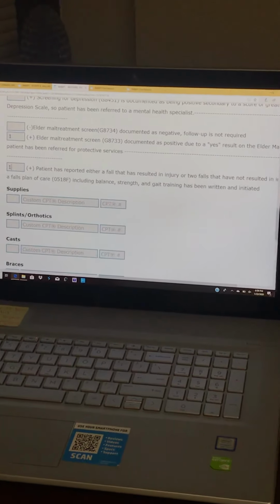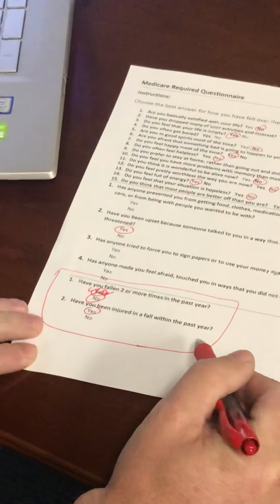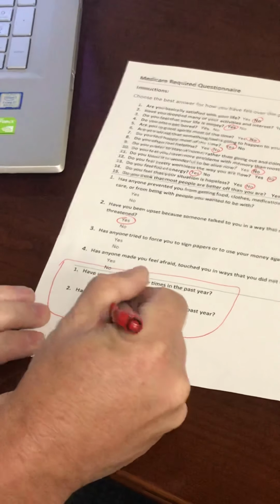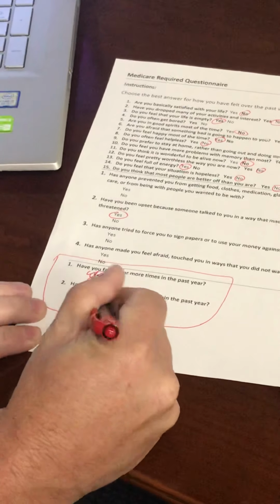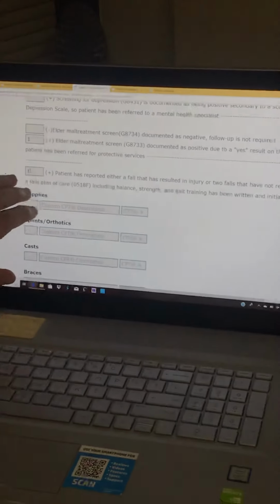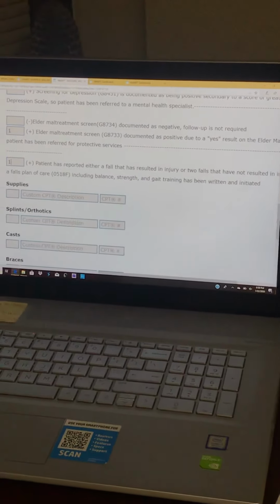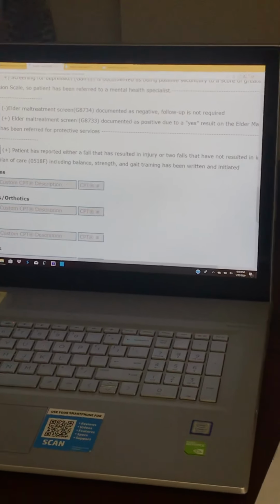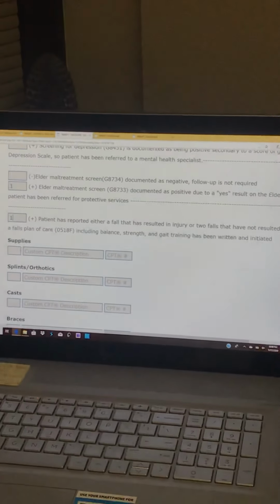Or maybe they've only fallen once in the past year, but it resulted in injury. Well, there's a yes there as well. So whether it's a yes to number 1 or a yes to number 2, either of those triggers a positive result on this screen.